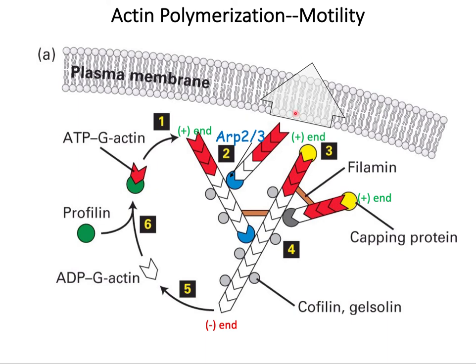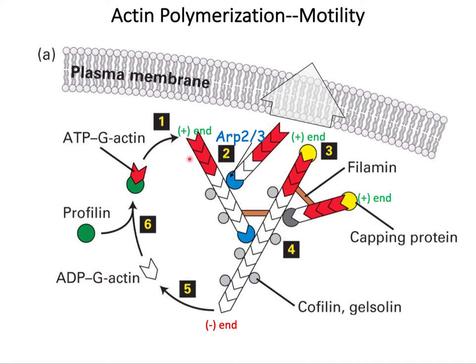Let me mention a couple of other proteins that you can see in this figure. You have cofilin in gray that we talked about, which is the actin severing protein that promotes depolymerization at the minus end. Another actin severing protein that works in the exact same way as cofilin is known as gelsolin. So you can think of these gray circles as either cofilin or gelsolin.